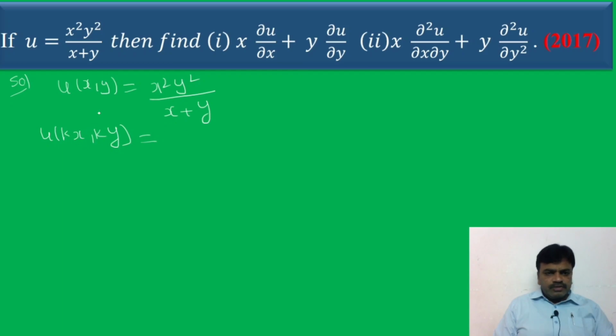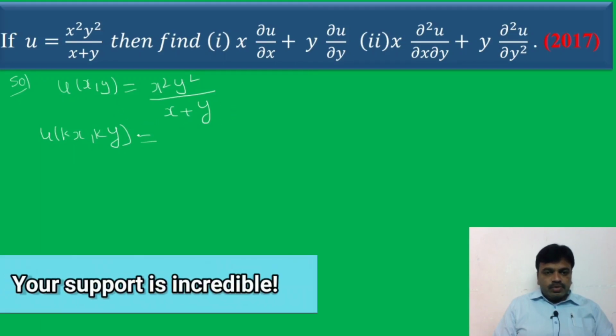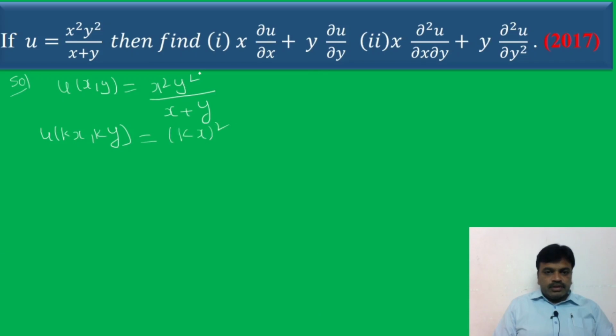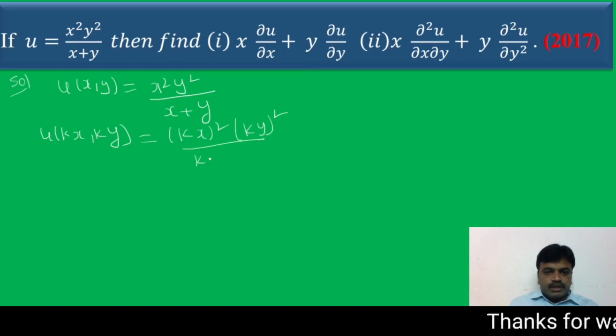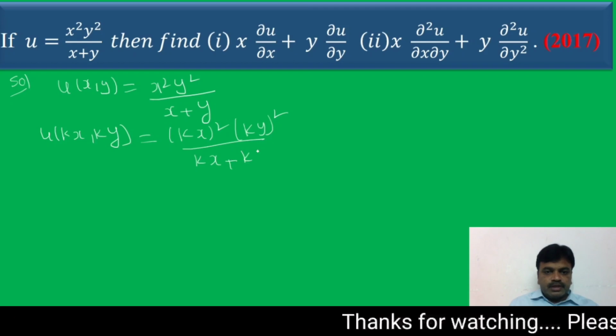What is the meaning of this, friends? We just write kx in place of x and ky in place of y. So, we have here x², so (kx)². Here we have y², so (ky)² divided by x means kx plus y means ky.